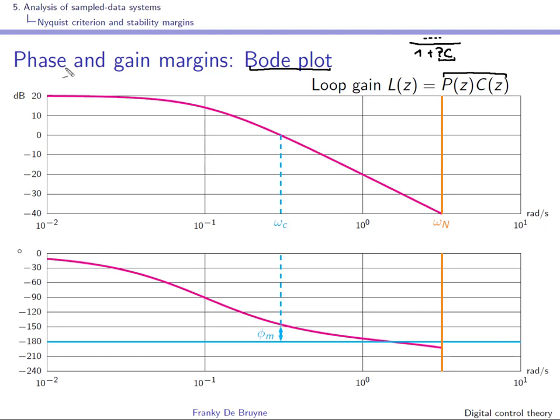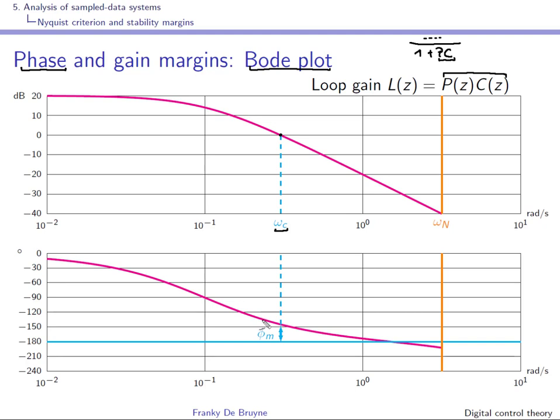So let us look at the phase margin. For that, we look at the frequency at which the loop gain is 1, so 0 dB, and this frequency is called the gain crossover frequency. And if we go and look in the second part of the Bode diagram, we see that here we have some margin.